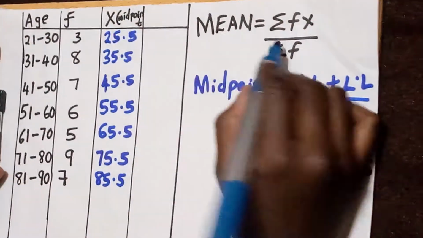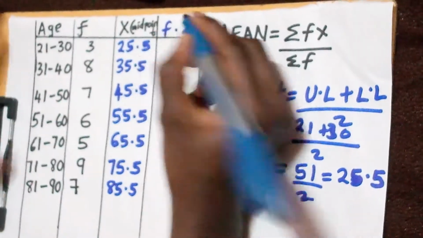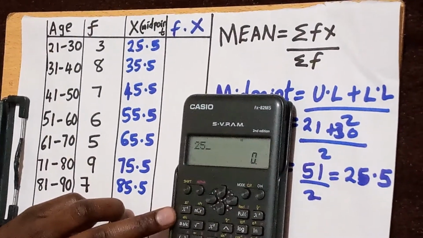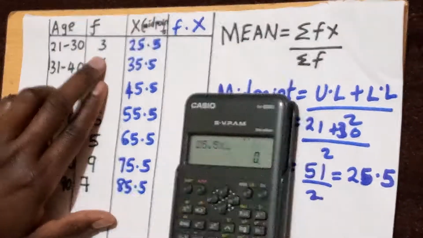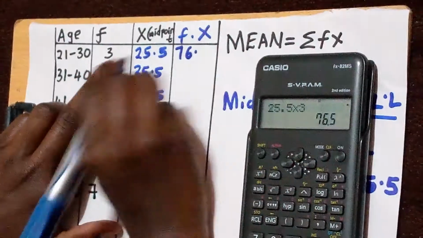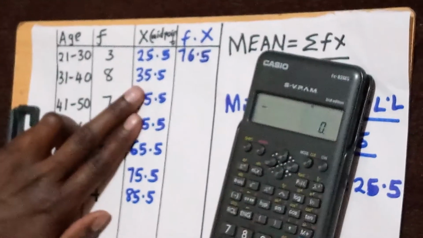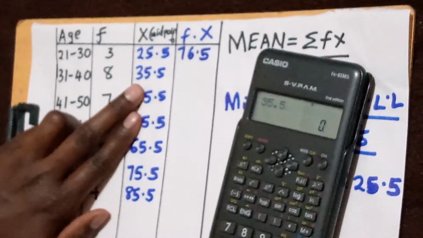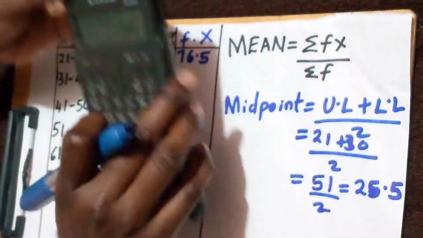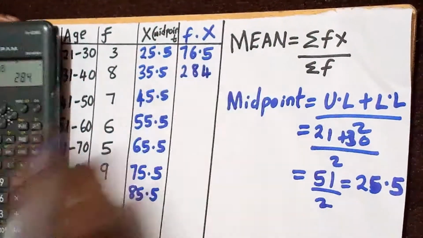So this is a high time we get the fx, f times x. So let's do it together. 25.5 times 3 equals to 76.5. Be very careful, guys. 35.5 times 8, we get 284.